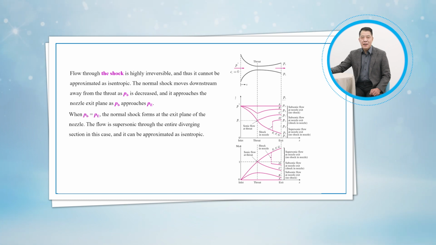When PB equals PE, the normal shock forms at the exit plane of the nozzle. The flow is supersonic through the entire diverging section in this case, and it can be approximated as isentropic. However, the fluid velocity drops to subsonic levels just before leaving the nozzle as it crosses the normal shock.